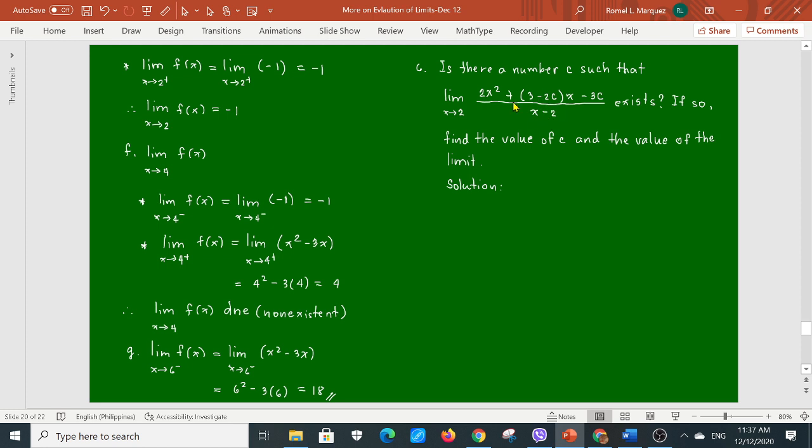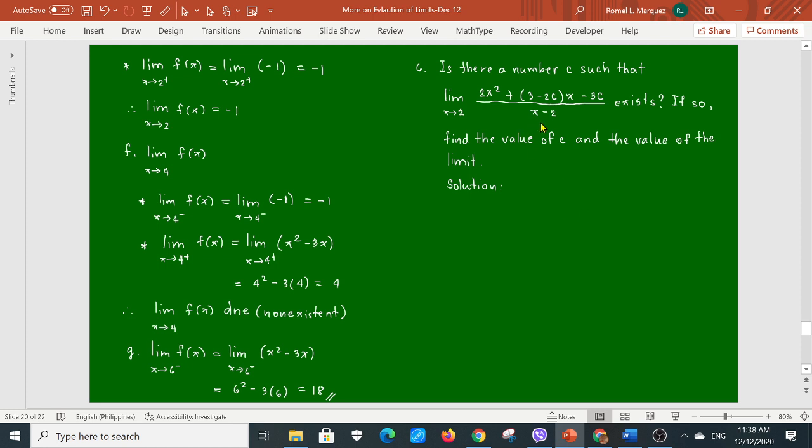In other words, the numerator must have a factor x minus 2 also. So what is that c, so that this numerator is factorable into x minus 2 and whatever other factor, so that we can cancel that x minus 2, okay?